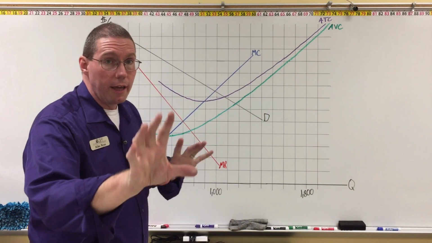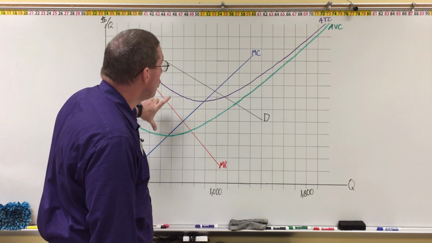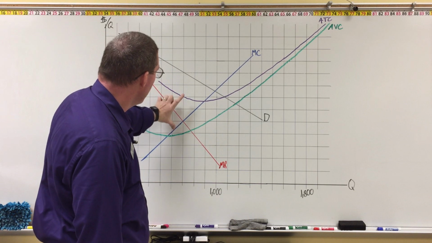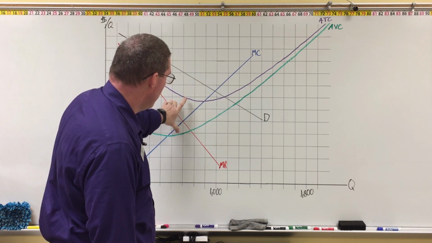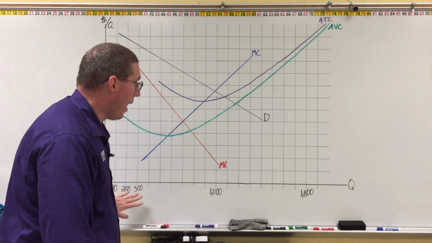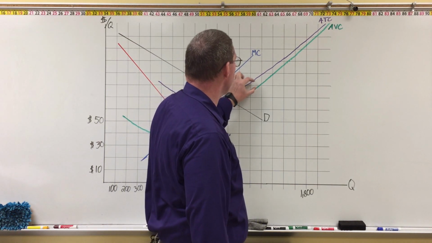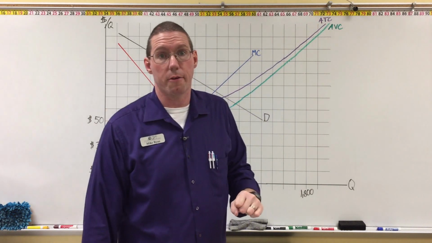I want to point out, in case you don't remember from the last lesson, that average total cost, in addition to being above average variable cost, is a larger distance from average variable cost at lower quantities. But as quantities get larger, average variable cost and average total cost get closer and closer together.